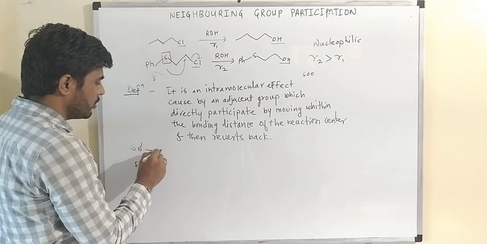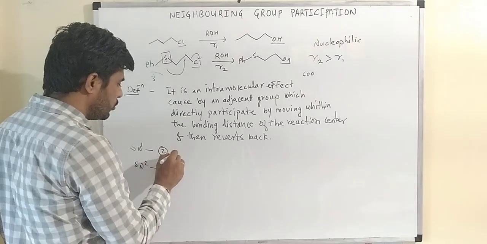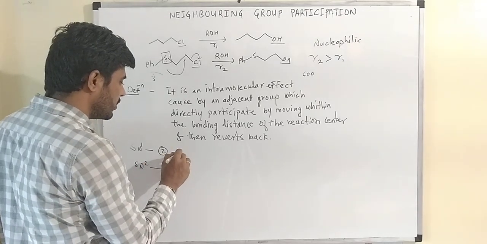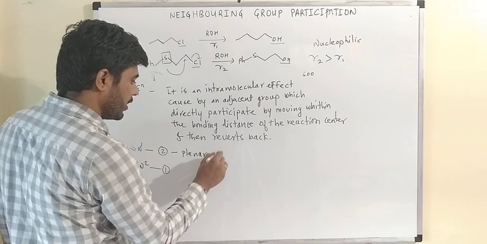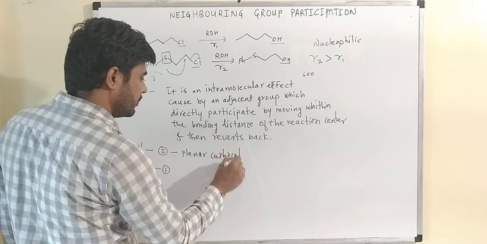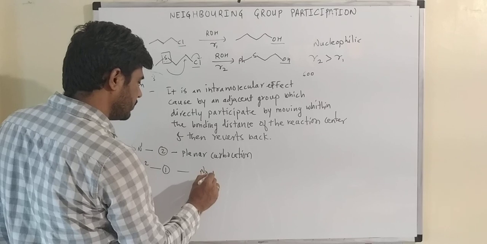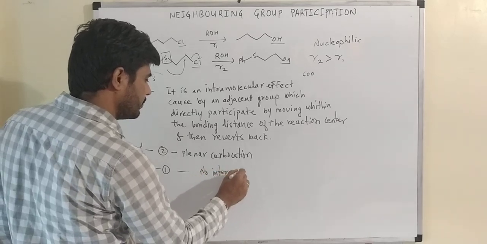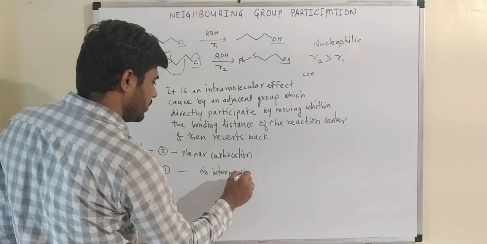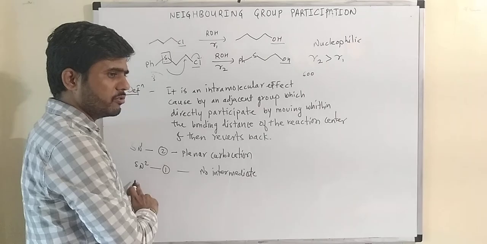In SN1 there are two steps, while in SN2 there is only one step. SN1 forms a planar carbocation, while there is no intermediate in the SN2 reaction, because it is a one-step reaction.